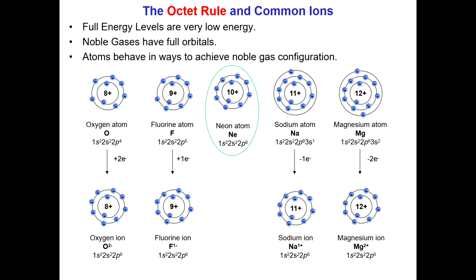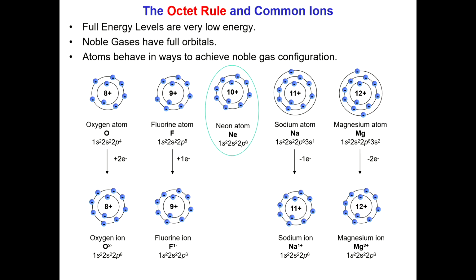For example, for oxygen we know its electron configuration is 1s2, 2s2, 2p4. Basically, it tends to get another 2 electrons, and then form 2s2, 2p6. So this is full orbitals, so it is more stable.